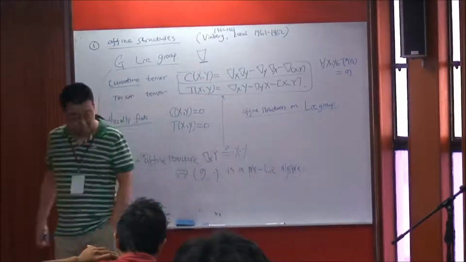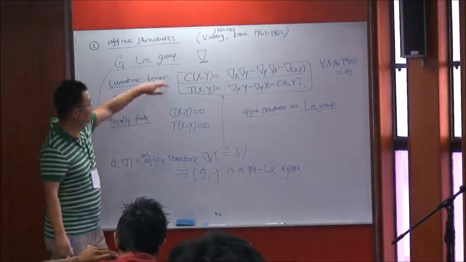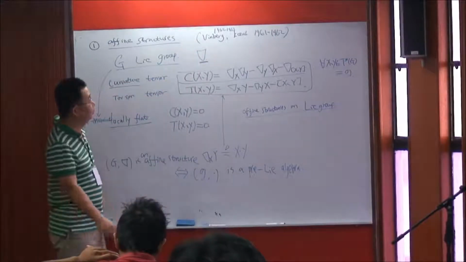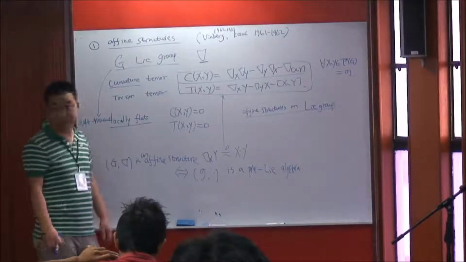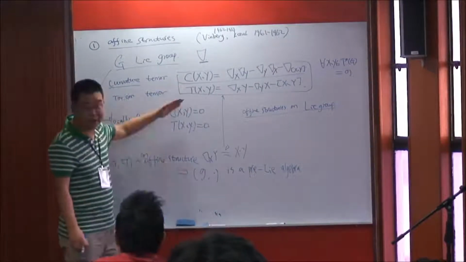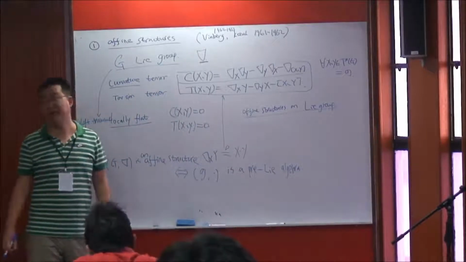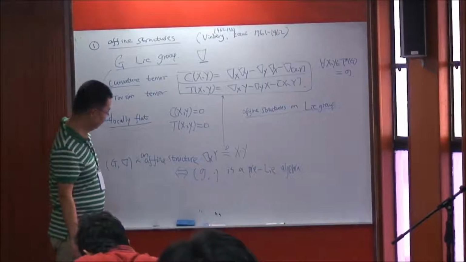So the pre-Lie algebra appears very naturally. It comes from the last 60s, given by the geometers. From the pre-Lie algebra we can construct a natural affine connection. So this is from geometry.